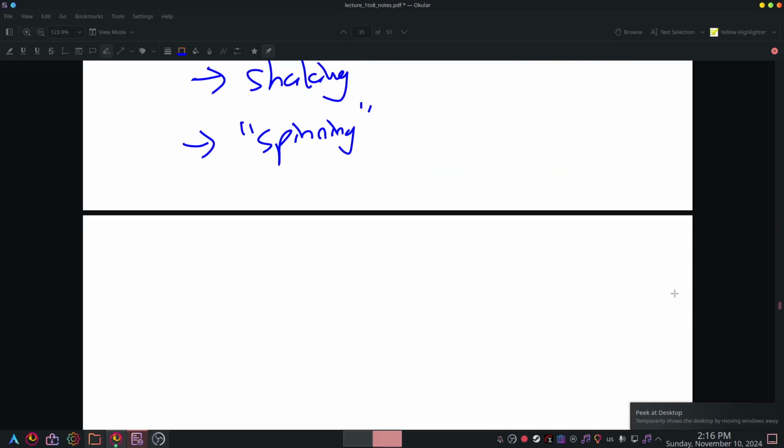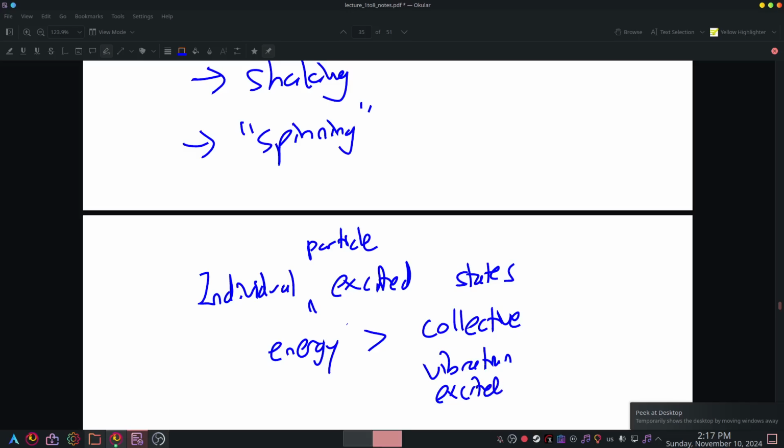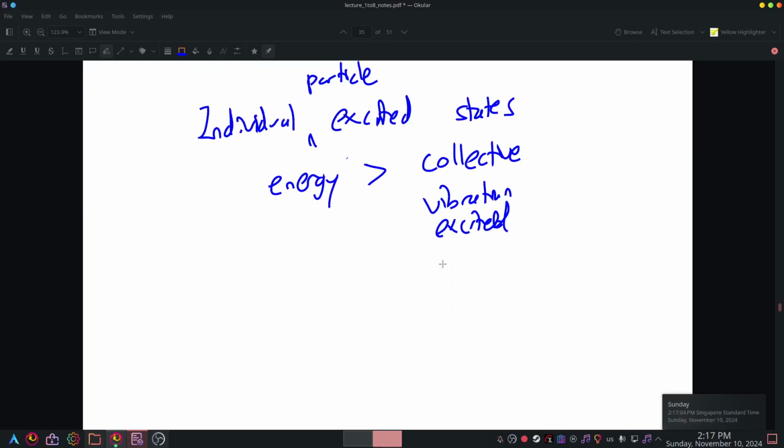Usually, and again I want to emphasize, the individual particle excited state energy is greater than the collective vibration excited state energy.